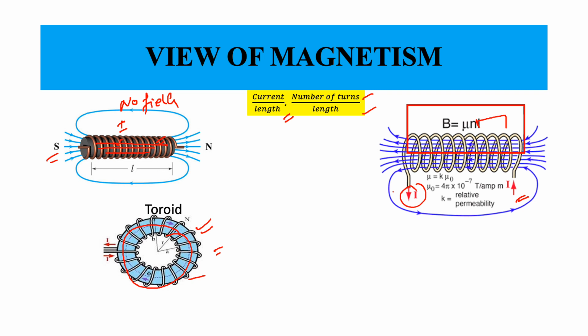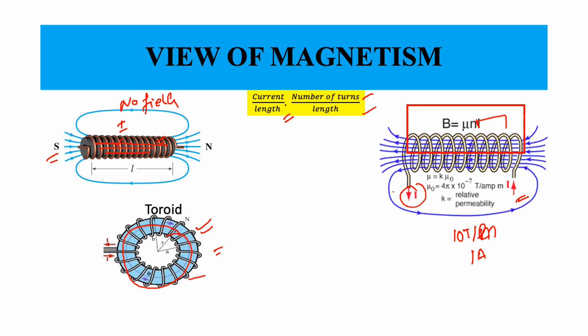Okay, so if you say that I have 10 turns per meter, suppose you have 10 turns per meter, and current is around 1 ampere. Okay, so these are just random numbers which I am picking from my head.